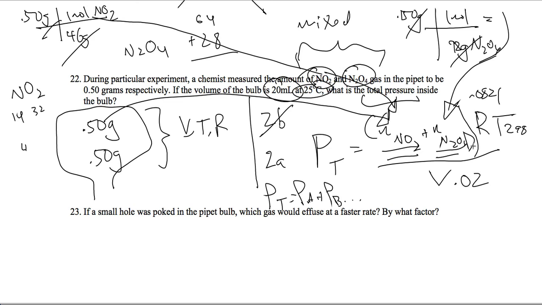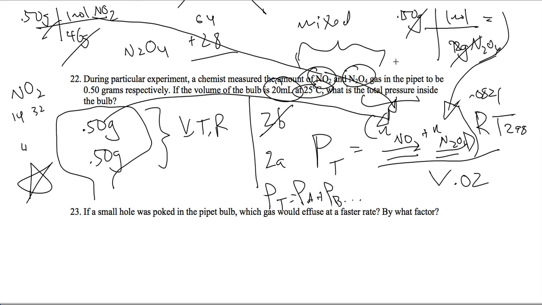It's going to seem ridiculous, but this makes a lot of sense. 20 milliliters is a really small space, and that's 1 gram total of these gases in that small space. I did make these numbers up, that's why it's so large. In retrospect, I probably should have made this 0.05, but this is a very, very important calculation to be able to do. So let's look at it again.